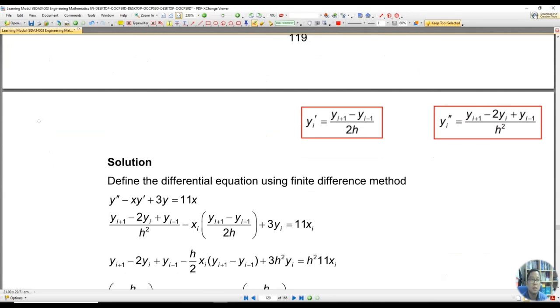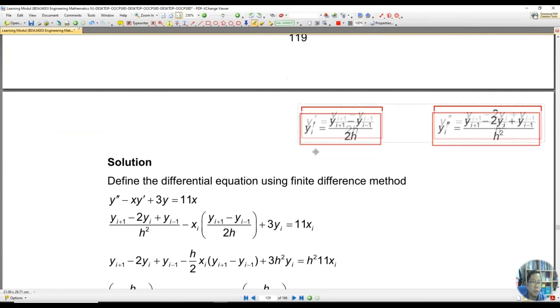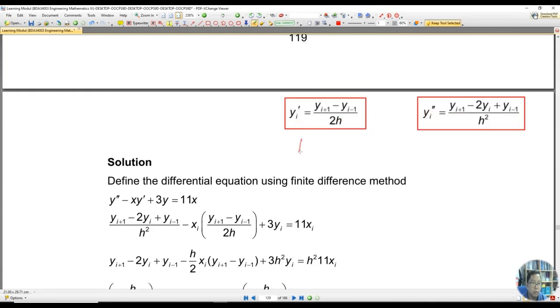Okay, class, I already copied and pasted the equations. This one is first order, and this one is second order. So any y prime and y double prime, we will replace with these equations.